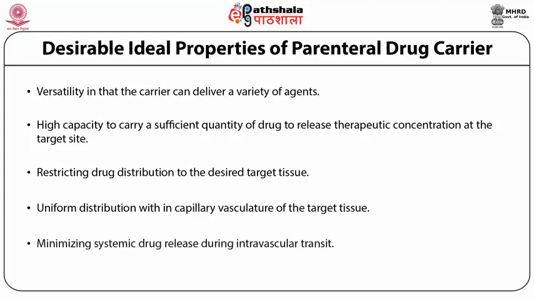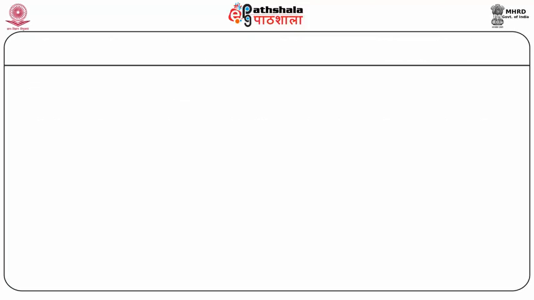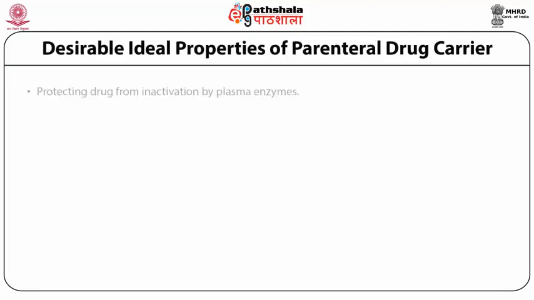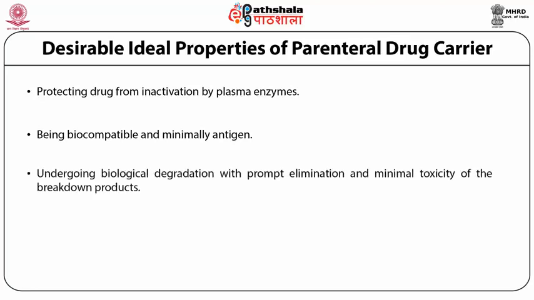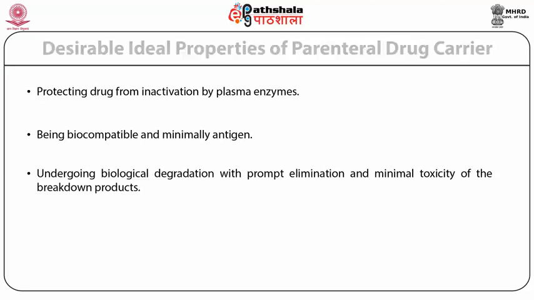Minimizing systemic drug release during intravascular transit should be there. It should be able to protect the drug from inactivation by the plasma enzymes. It should definitely be biocompatible and minimally antigenic if at all, and it should be capable of undergoing biological degradation with prompt elimination and minimal toxicity of the breakdown products.